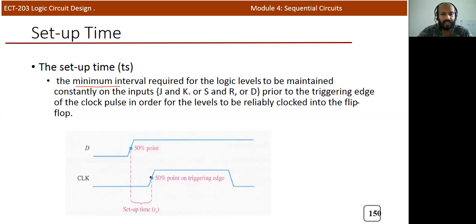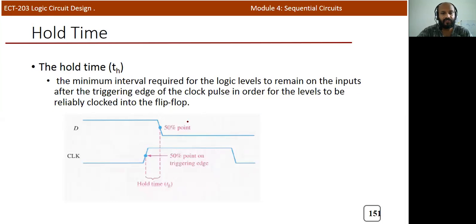So before applying the clock signal, we need to maintain that input for a small duration. The minimum duration for which the input should be maintained is known as the setup time. If you suddenly change the input at this particular instant, it will not be detected. So before applying the clock signal, the input should be maintained for a small duration, and that duration is known as the setup time.